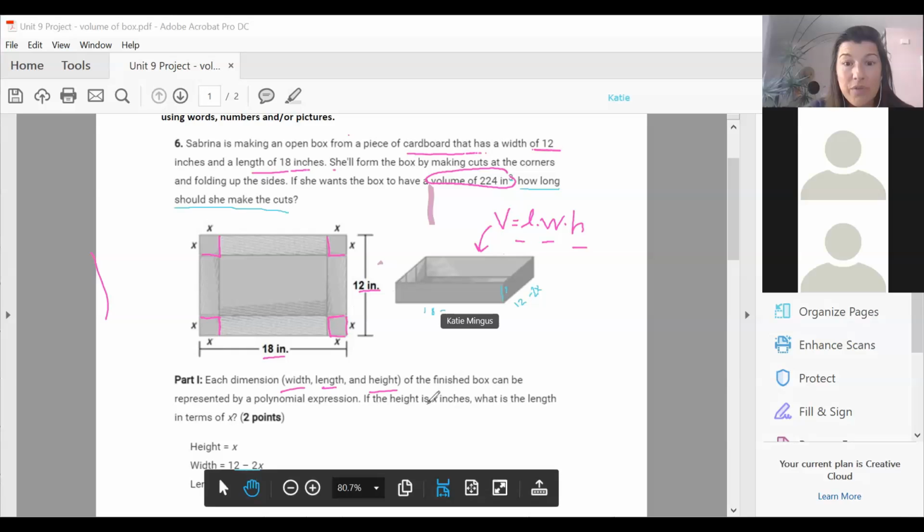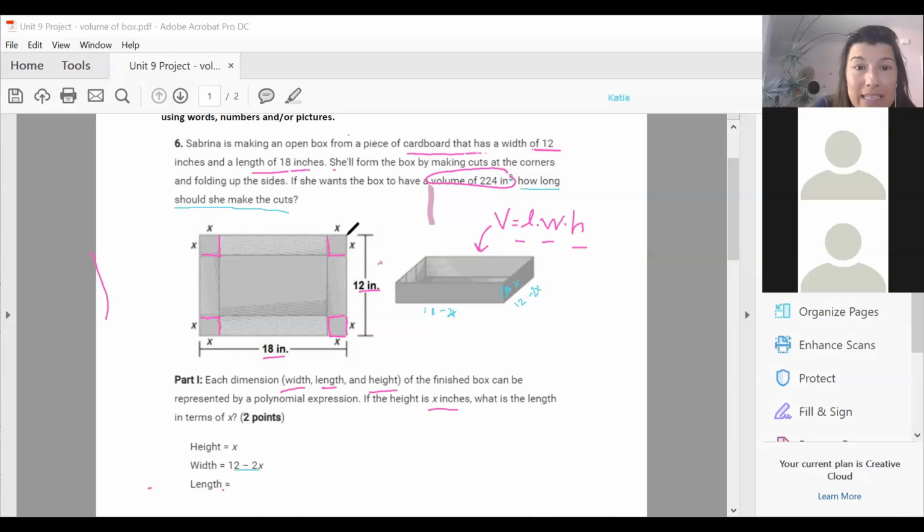All right. So if the height is x inches, what is the width in terms of x? So let's label each down here on part 1. So our height is x, our width. So notice the width of our box here is 12 inches minus an x.